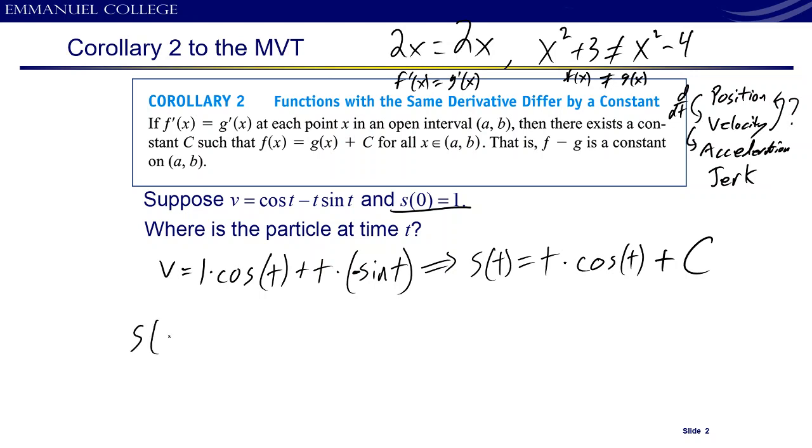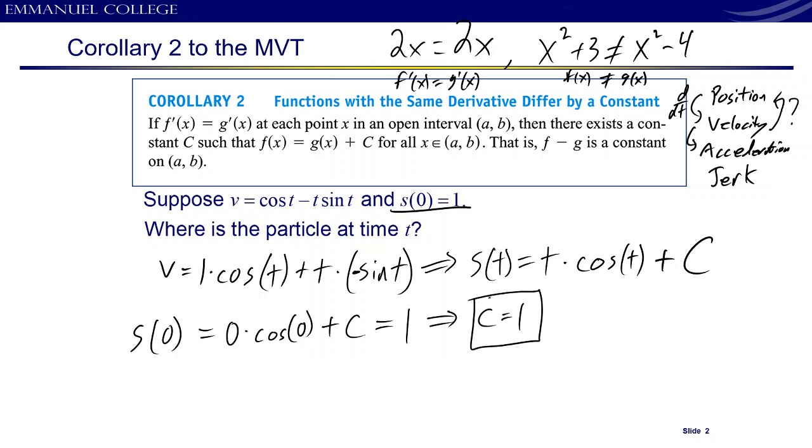So s of 0 is going to be equal to 0 times cosine of 0 plus c, which is equal to 1. So I can conclude that c is equal to 1. And thus, I now have that the position function is t times cosine of t plus 1.